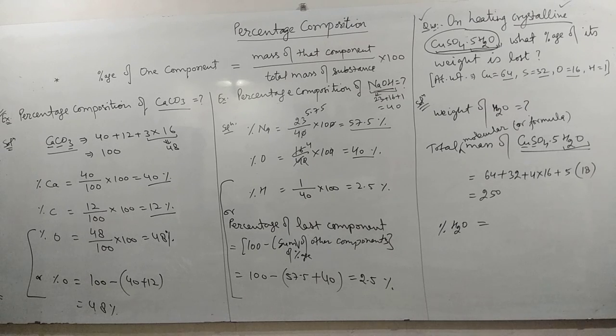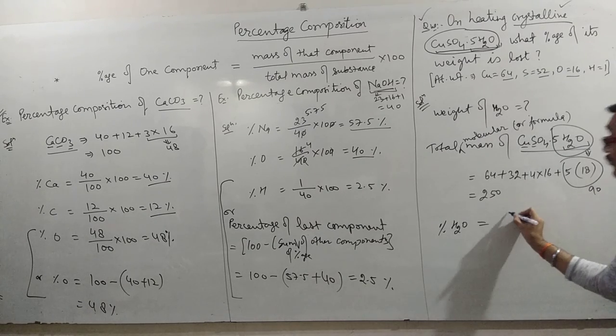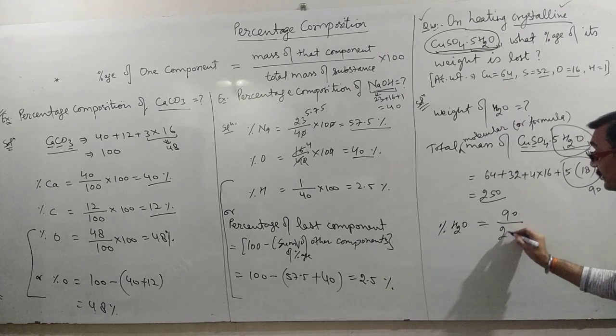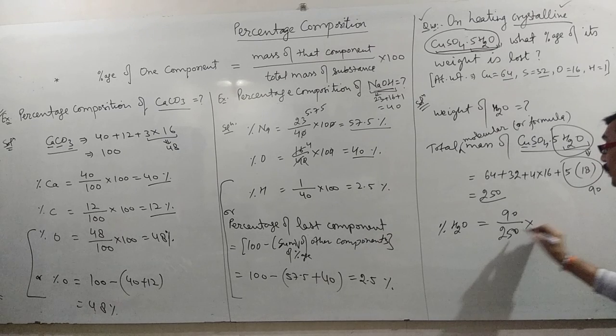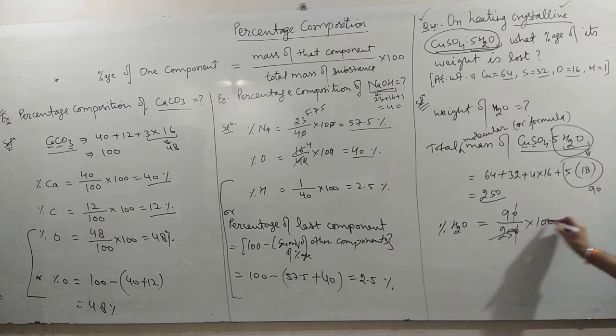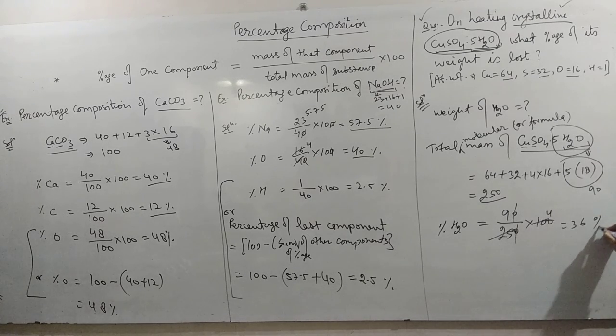So the percentage of water in crystalline copper sulfate will be weight of water. Now the mass of water is 5 times 18, which is 90. Divide by total mass 250 into 100. That gives 36%.